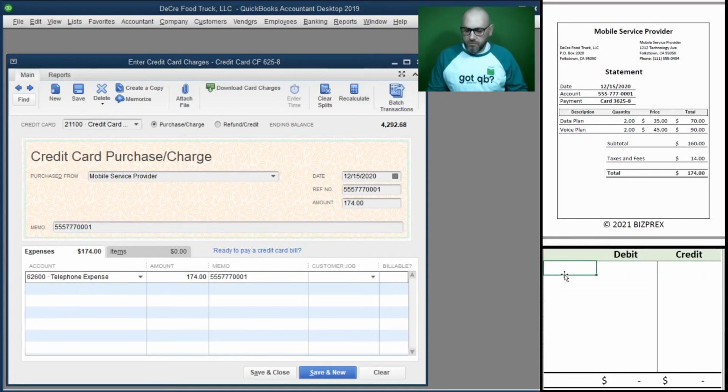Okay, so here we are. This is our credit. This is our debit. Our expenses go up, our liabilities go up.